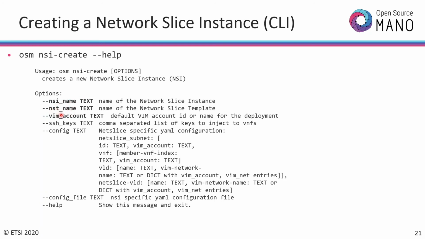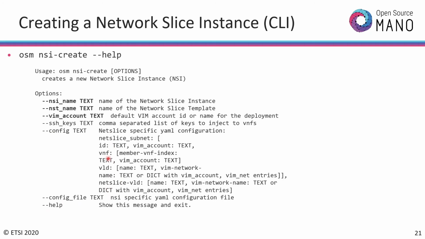The NST name is the name of the template that is uploaded and onboarded to OSM. The VIM account is the default VIM account that will be used to deploy your service, your slice. Okay, you have optional parameters like SSH key, config, and config file.